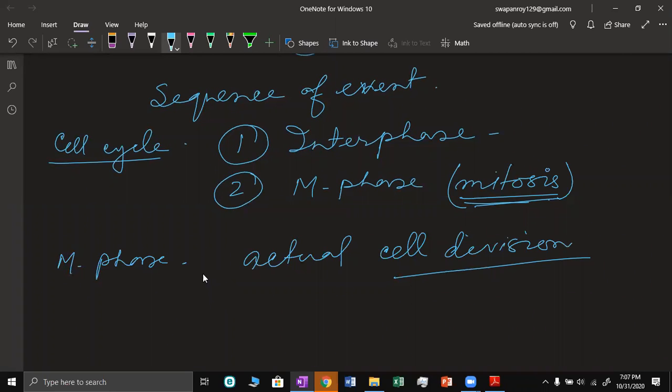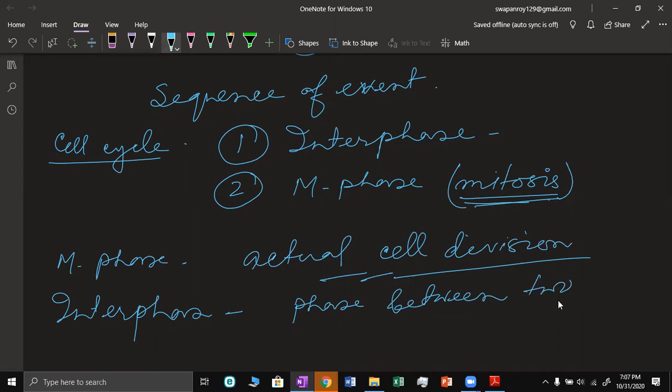And interphase is the phase between two successive divisions.